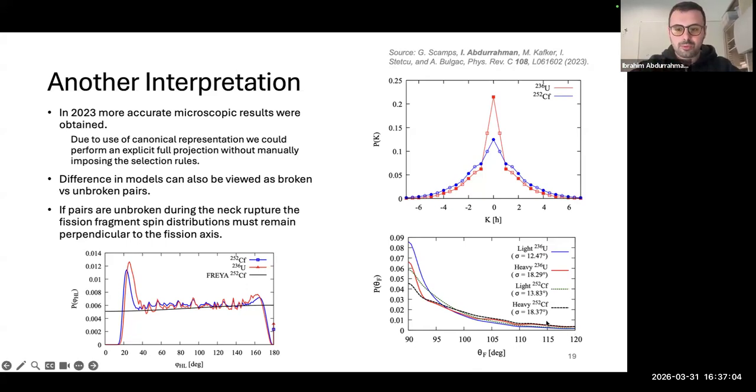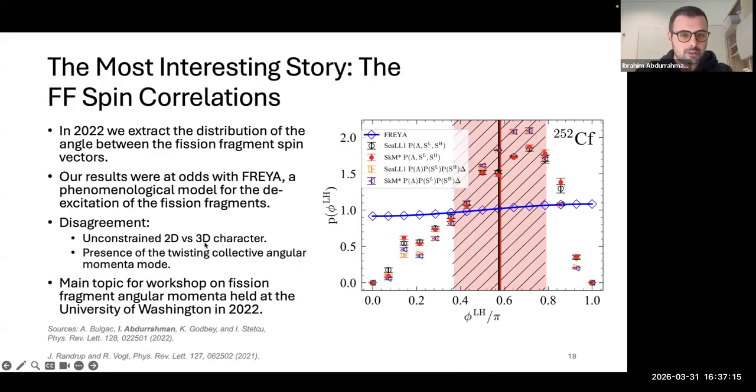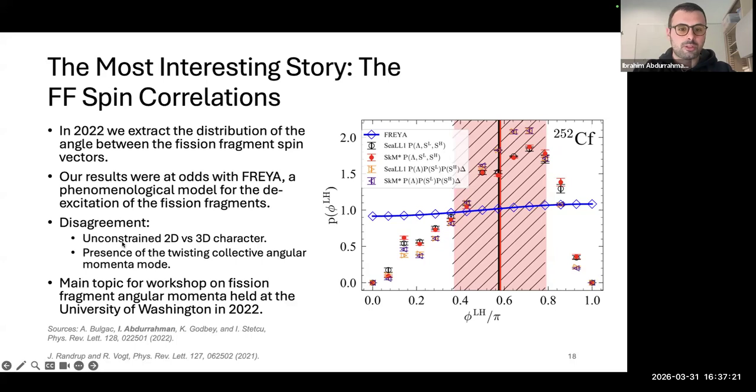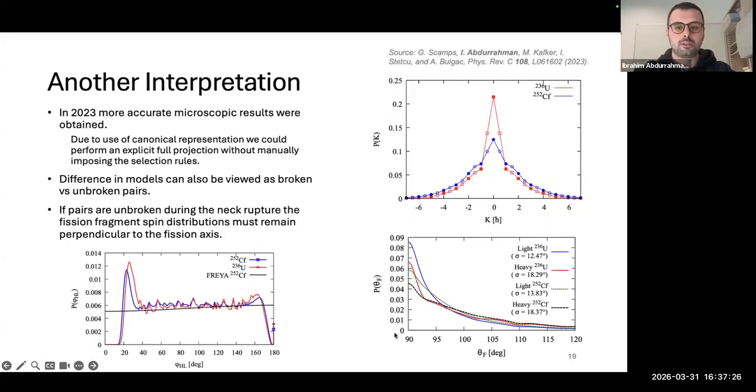And as you move away from that, that means that they point slightly out of the fission axis. So basically, our new prediction is, okay, it's not two vectors unrestricted in 3D space, but it's also not two vectors exclusively always perpendicular to the fission axis, which is what you'd get if the distribution was exactly 90 degrees. It has a kind of wide spread.